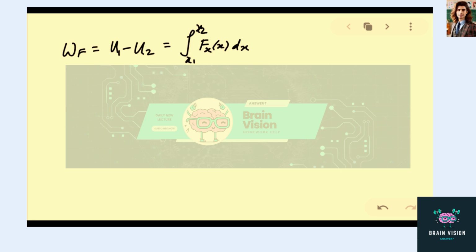Now we're going to let u1 and x1 be 0. Then in this case we will find negative u2 at some arbitrary x equals the integration from 0 to an arbitrary value x.